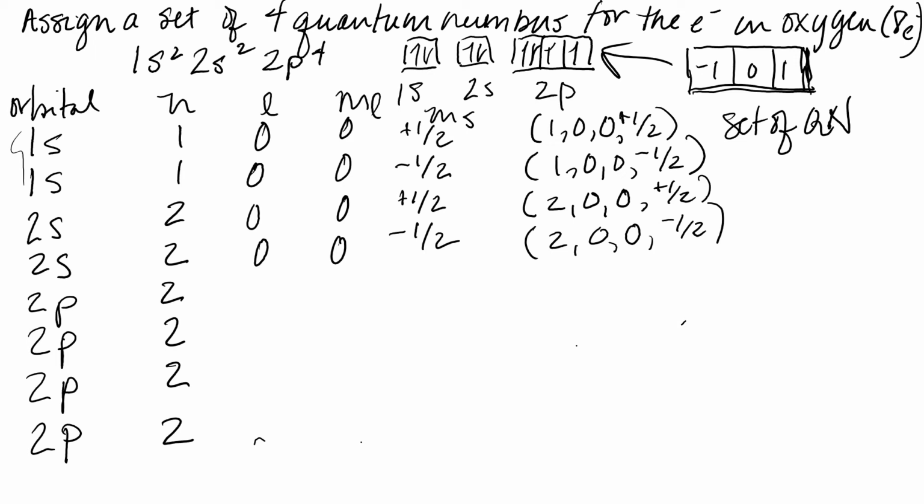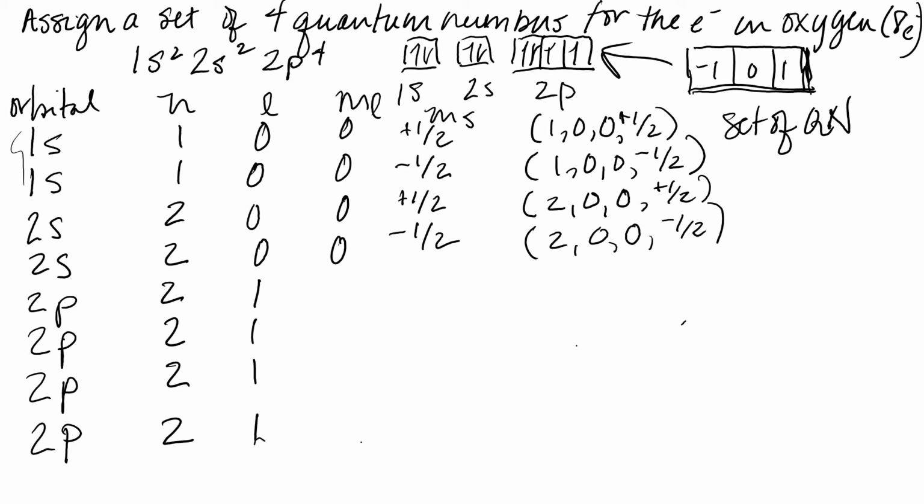Now we're in the 2p. We're in the P subshell, so L equals 1. So all of these are in the P, so their L is 1. So same principal energy level, same subshell.